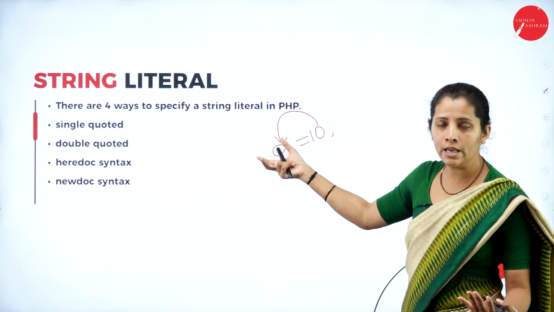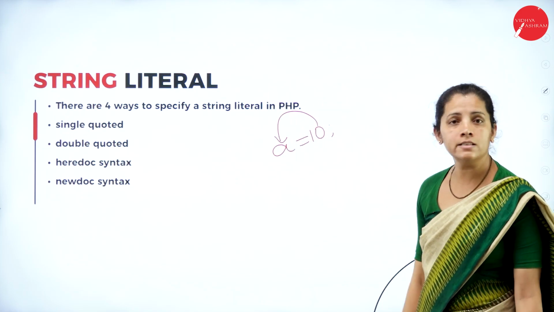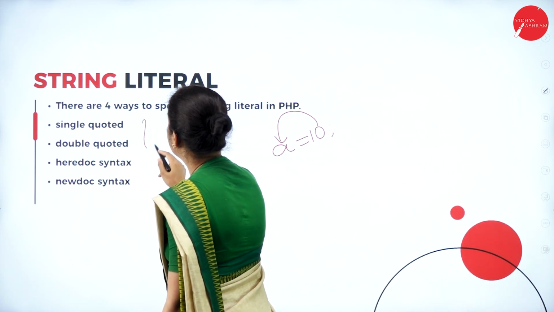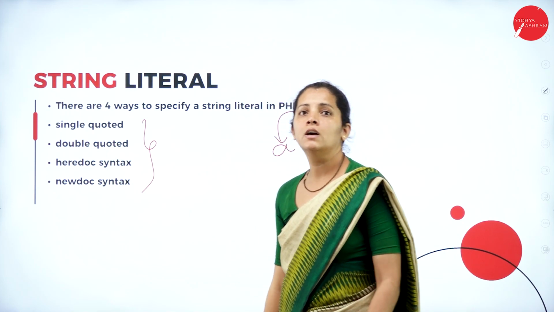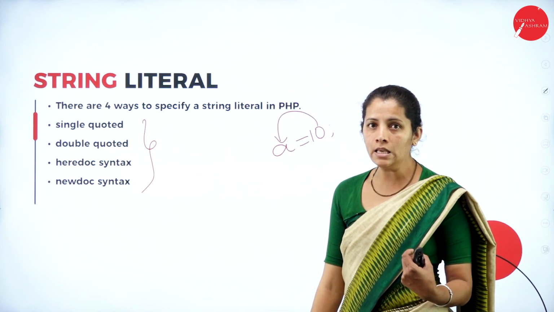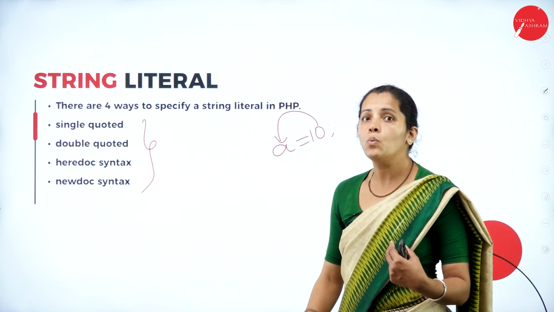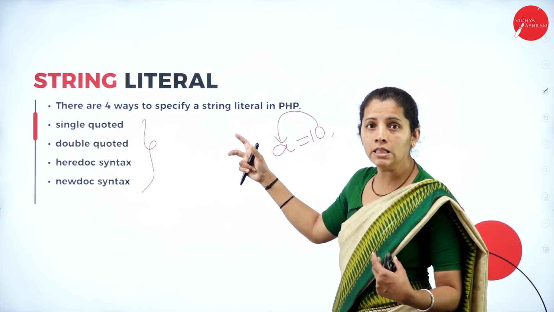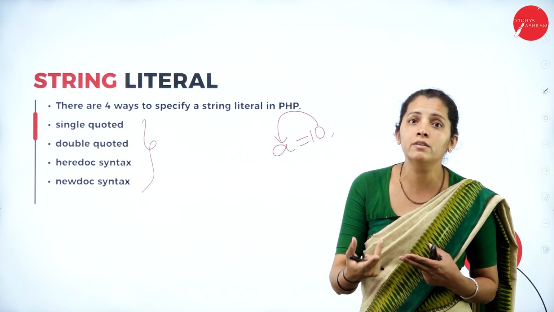Same concept, but if I consider string literals, we have 4 different types of string literals, in the sense that I can specify the constant values. In a string I can define the strings in 4 different ways.